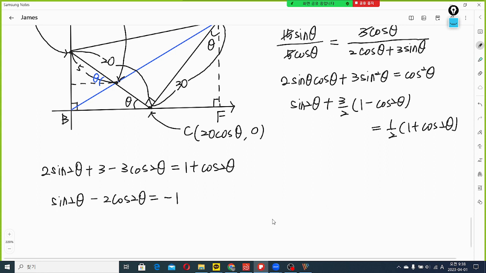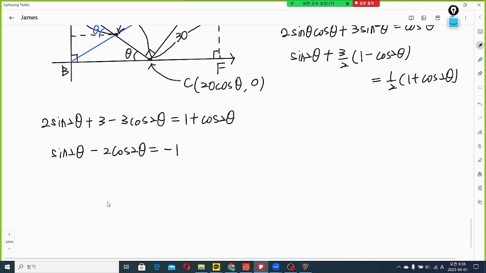So we can simplify this equation. And if we square each side, we get this.